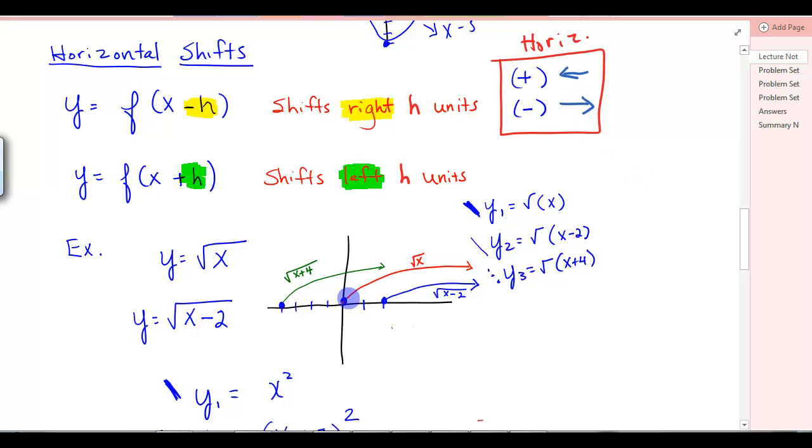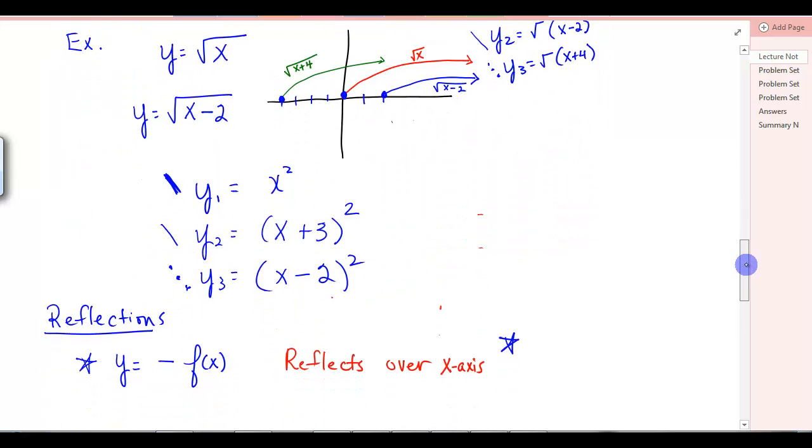So in this example, here is your basic square root of x. Square root of x minus 2 takes that vertex and goes to the right 2. Square root of x plus 4, and that's x plus 4 inside the radical, goes to the left and goes that way. It could be the same way if you had x squared.